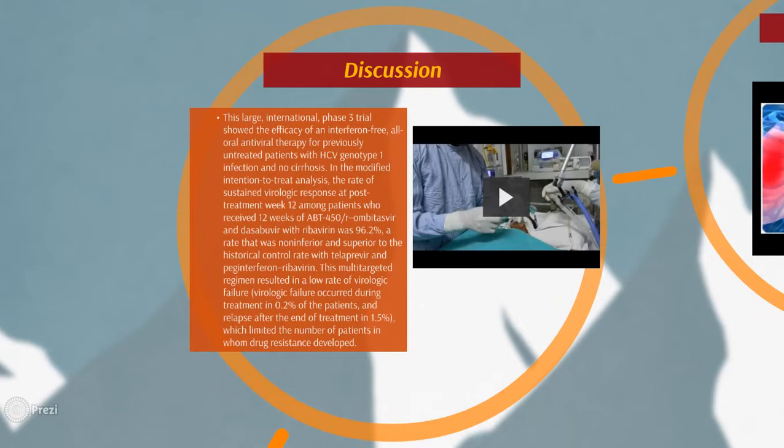In the modified invasions, the treat analyzed the rate of sustained virologic response at post-treatment week 12 among patients who received 12 weeks of BTA to 450. Ombitasvir and Dasabuvir with Ribavirin was 96.2%, a rate that was non-inferior and superior to the historical control rate with Dasabuvir and Ribavirin.